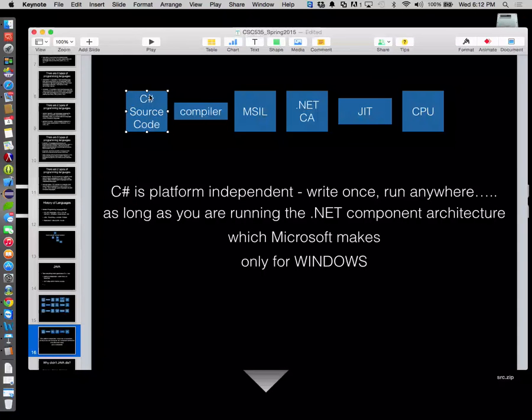The reason this is a neat feature of the .NET languages is that no matter what the language is, whether it's C#, Visual C++, or Visual Basic, they all compile to Microsoft Intermediate Language. They all compile to MSIL code.